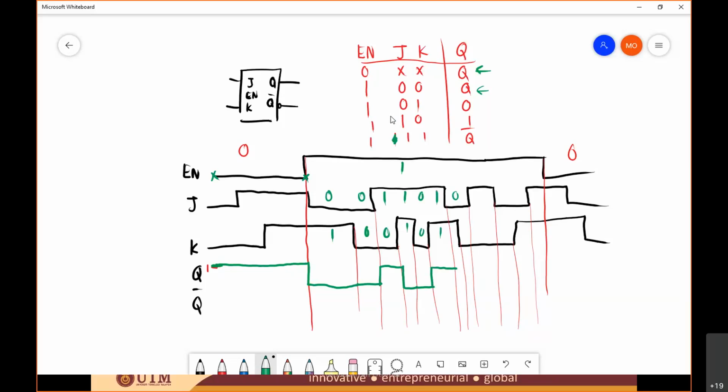And then this is 01. What is the expected output of 01? Clear or reset. And then this one is 00.